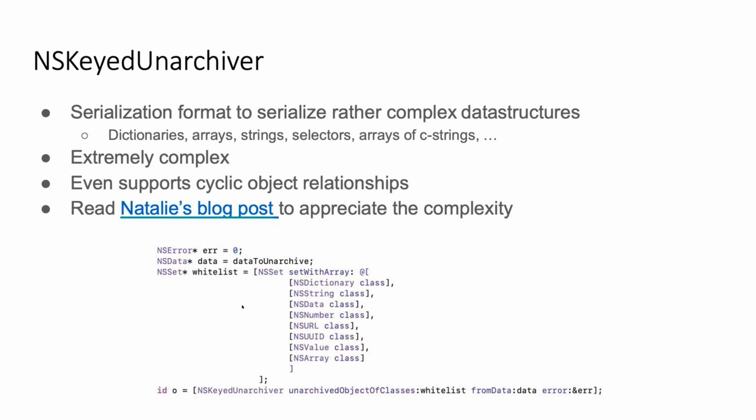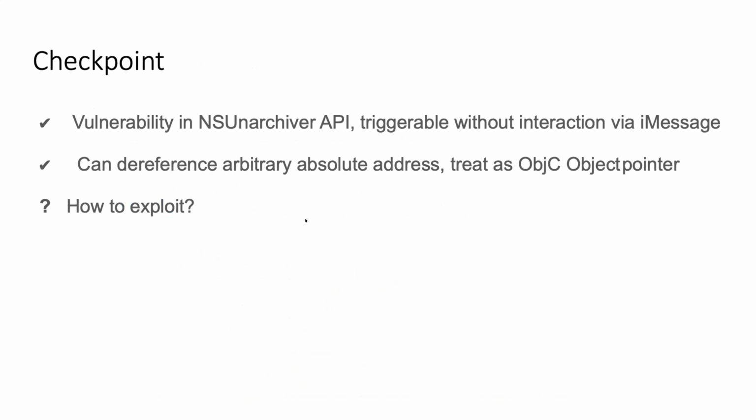So if you have something like NS-something-dictionary that inherits from NSDictionary, you can decode it here. This blows up the attack surface, because you now have not only 7 classes to decode. You can have as many as you want, like 50. So that's the bug we are going to exploit.